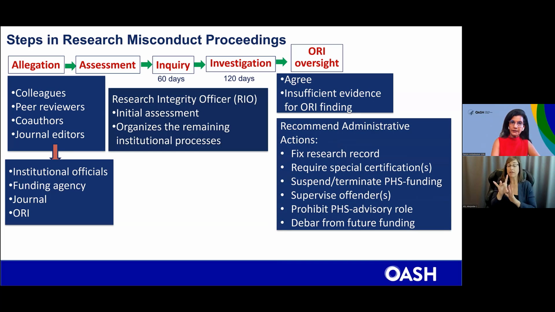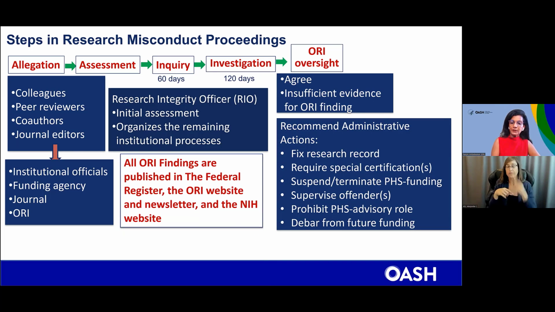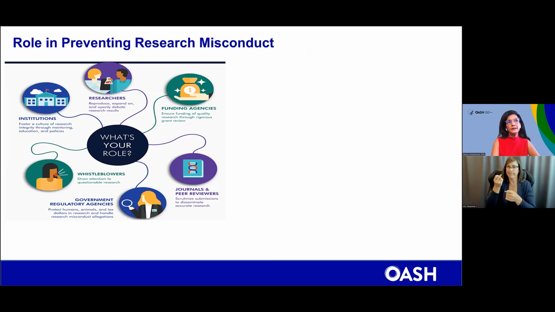When we make a finding, we recommend administrative actions that include correcting the research record, special certification, suspending or terminating funding, supervising offenders, and some respondents are debarred from receiving PHS funds for a set number of years. All ORI findings are published with the name of the individual, the science, and what literature was affected. We also publish on the NIH and ORI websites.